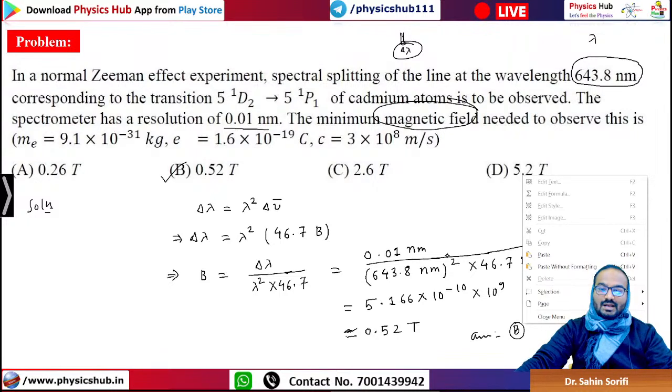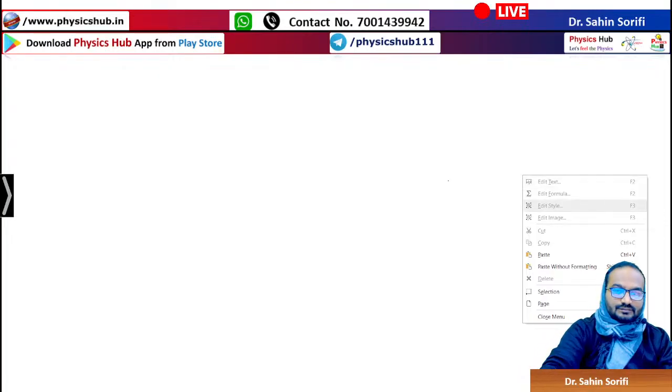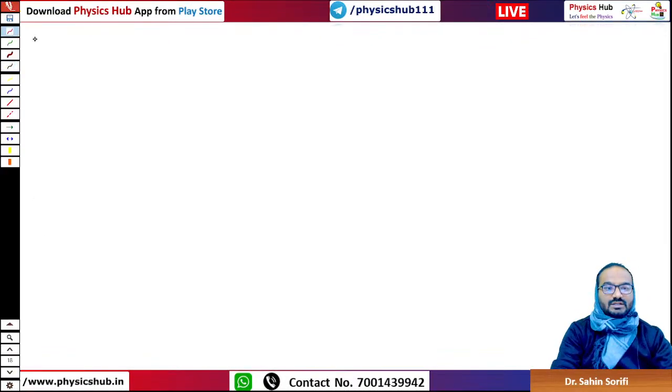Okay, so normal Zeeman effect, all of you have understood. Anomalous Zeeman effect is very similar. What is the difference in anomalous Zeeman effect? Tell me. What is the difference between anomalous and normal Zeeman effect? Tell me the two conditions for observing anomalous Zeeman effect.